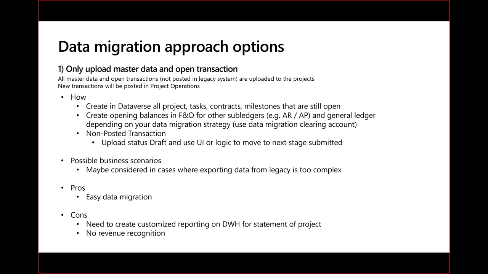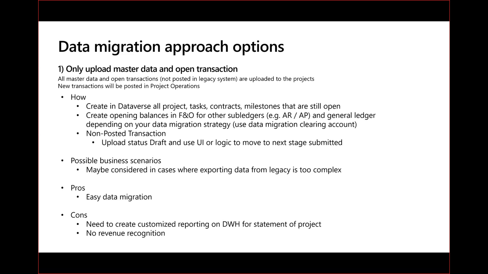Typically, this is something we use in case exporting data from the legacy system is too complex, because of course your data migration is a lot easier. But the major disadvantage is that if you look, for instance, at the statement of a project, you will not get a correct answer, because you will only see what has been reported after your go live.